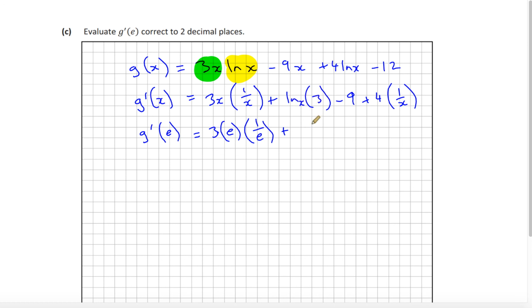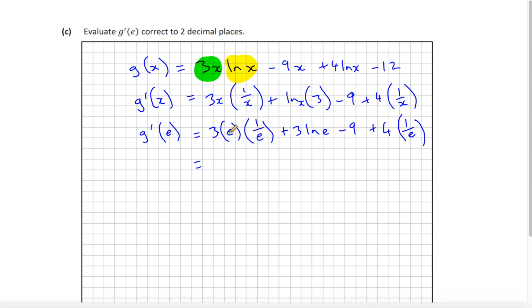So ln of x by 3 is just 3 ln x. But we're not going to put in the x, we're going to put in e, okay, 3 ln e, minus 9 plus 4 times 1 over e. Okay, so again, I've just replaced all the x's up here with e's, okay?